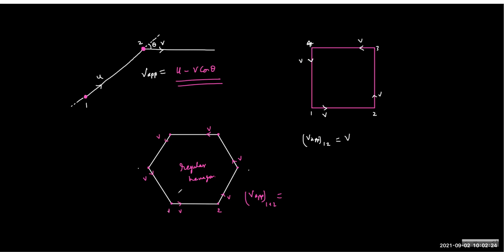It is V by 2. Yeah, I think that's the right answer. Because the internal angle is 120 degrees, so V minus V cos 120 degrees.